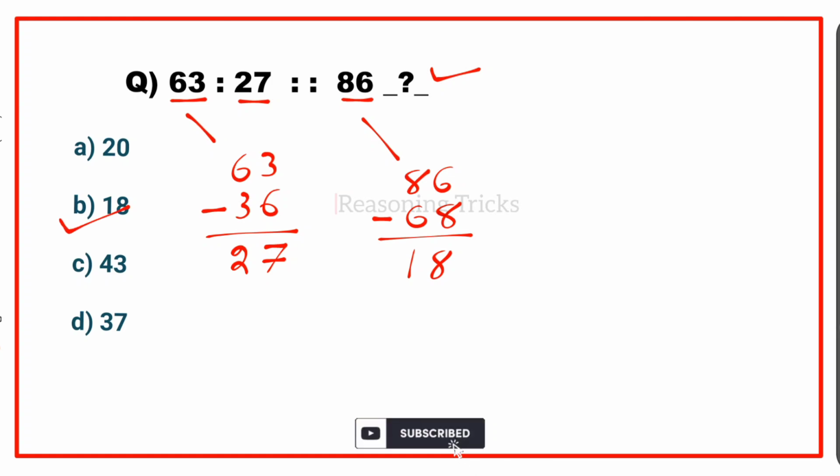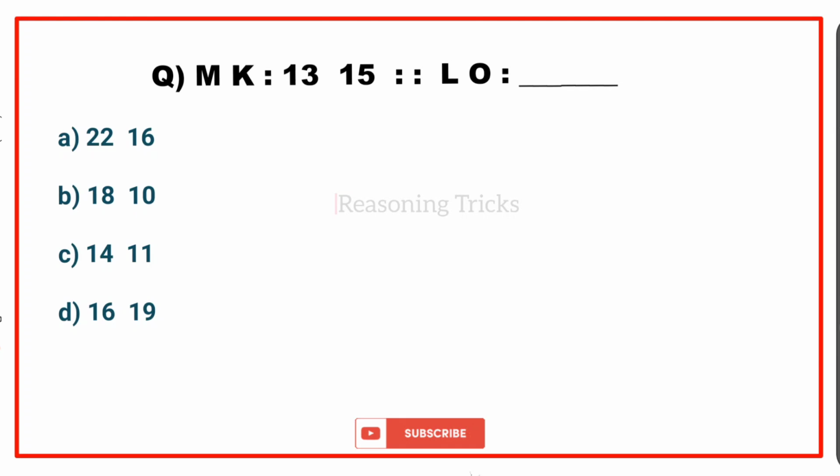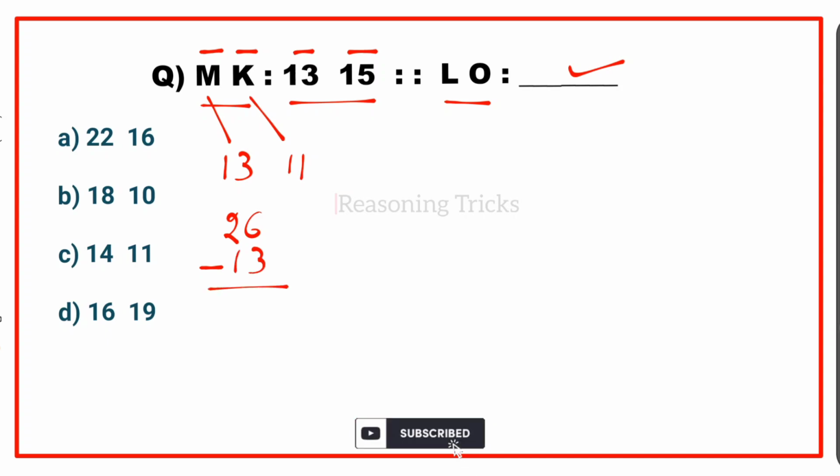Next question. MK is to 13 15. So LO is to dash. Here M is to 13 and K is to 15. So the alphabetical number of M is 13 and the alphabetical number of K is 11. If we do 26 minus 13, then we get 13.